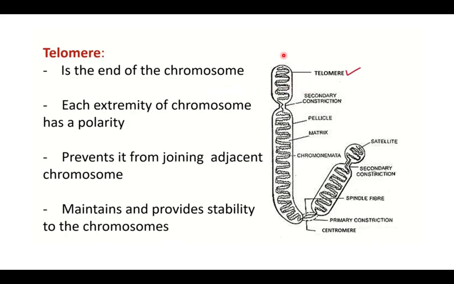The polarity will be maintained here. Okay, this part, the telomere, is over. So I have explained three parts: primary constriction, secondary constriction, and now the telomere.